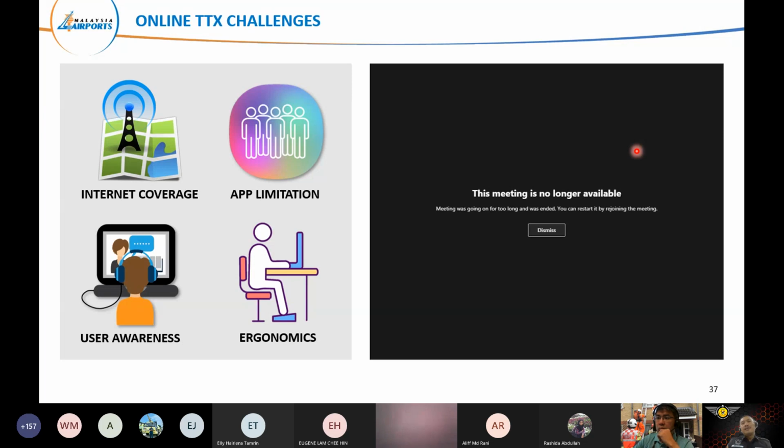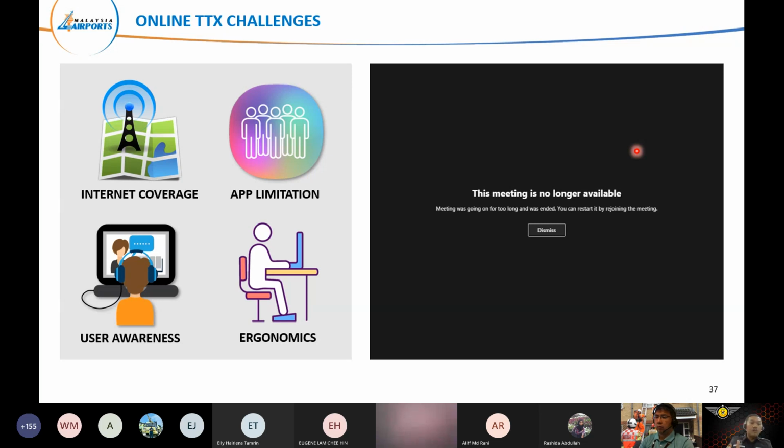It's also important. Some people are not fully aware of how to use the meeting platform, for example Microsoft Teams, because maybe they are using Zoom or another platform to conduct the meeting.